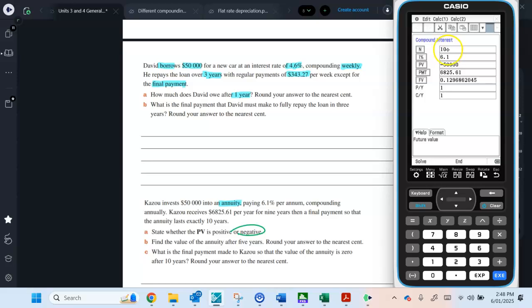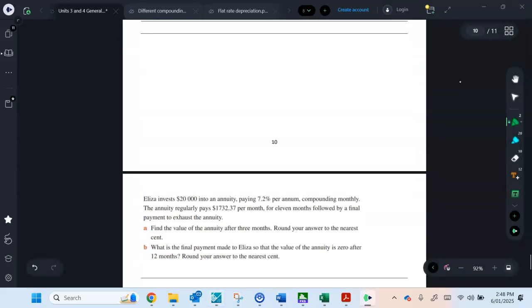So you still get the 10 full payments, but the final payment is slightly more because you've got 13 cents left over. So your final payment would be still the $6,825.61 plus that extra 13 cents. So it's going to be slightly higher than the other repayments. All right, I think that's it. So yeah, just adding those two values together.